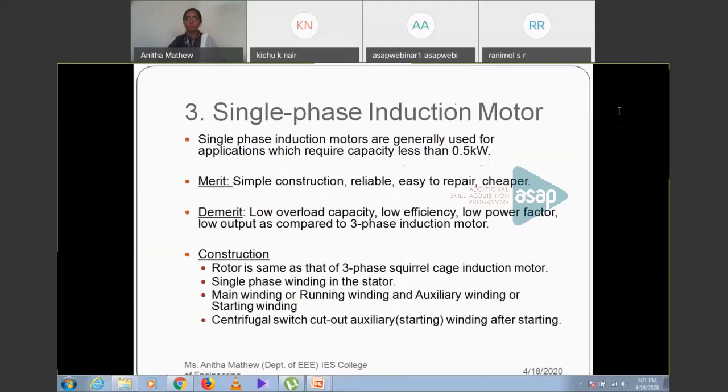One question is from Reena VP. What happens when we use induction generator for lagging currents? The question is not actually clear.